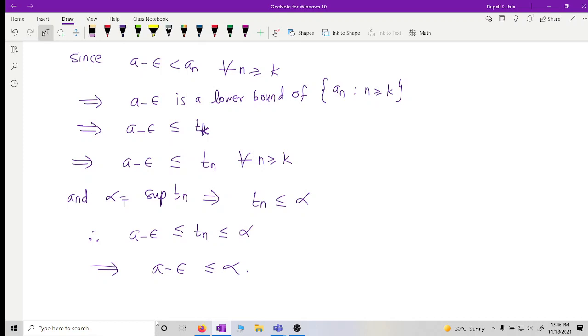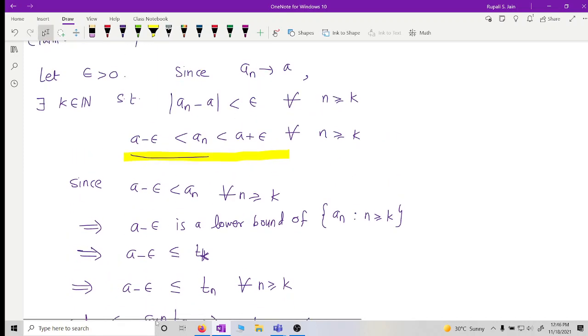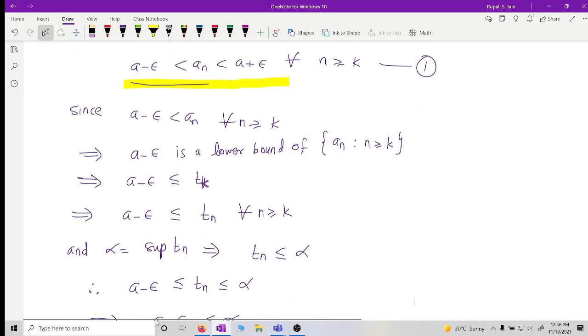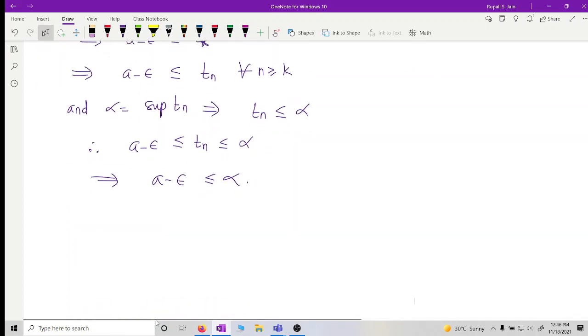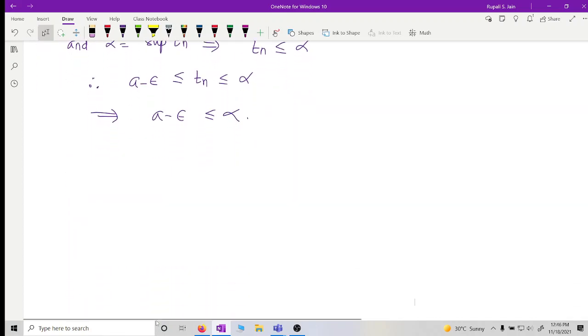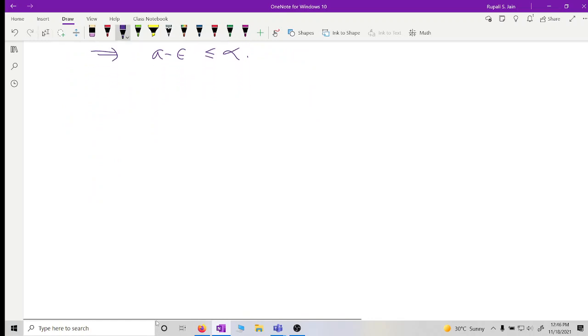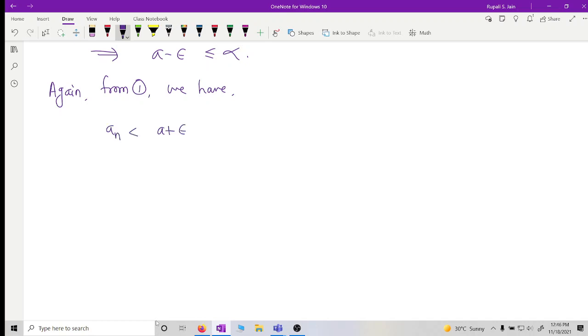Okay, so we will now consider, again from 1, what we have. a_n is less than A plus epsilon for all n greater than or equal to k.